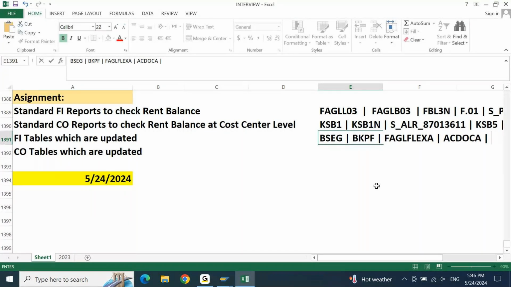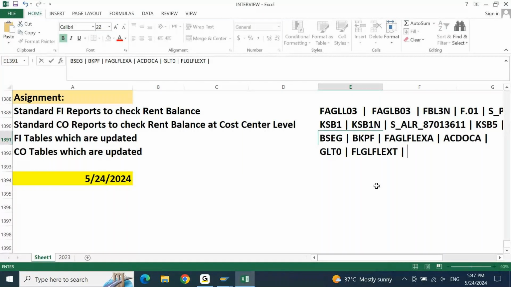At the end of the day, we are remembering some table names. GLT0, okay. Any other tables are we missing related to GL? FAGLFLEXT. Okay. Any other table are we missing related to GL? SKA1, SKB1.